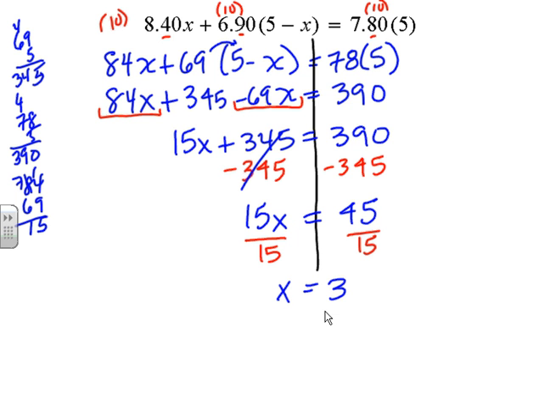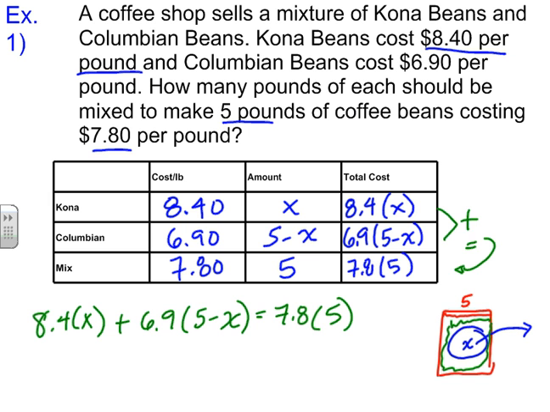Now that's reasonable so far. So let's go back. And we know that x equals 3 so far. Well, if our question is how many of each, well, we can see where the x is. I need 3 pounds of Kona beans. So I'm going to write that down. 3 pounds of Kona beans.